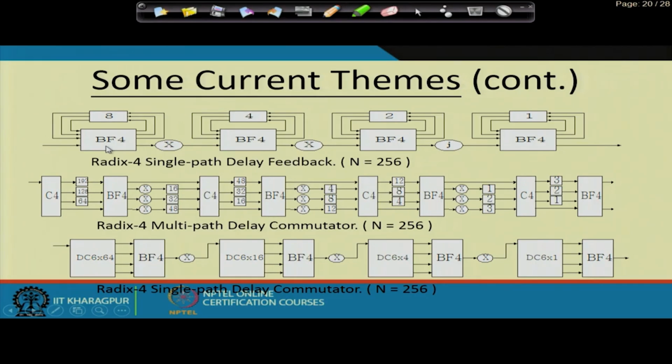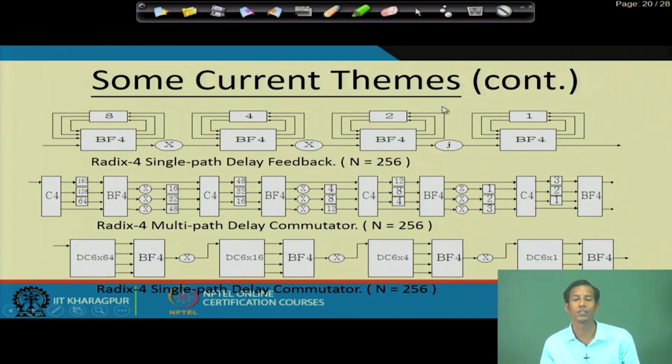For a 256 point FFT, when we consider the butterfly unit of 2, how many stages will we have? That is log base 2 of 256, which is 2 to the power 8, so 8 stages. But if we increase the radix to 4, the number of stages will be log base 4 of 256, which means the number of stages is divided by 2.